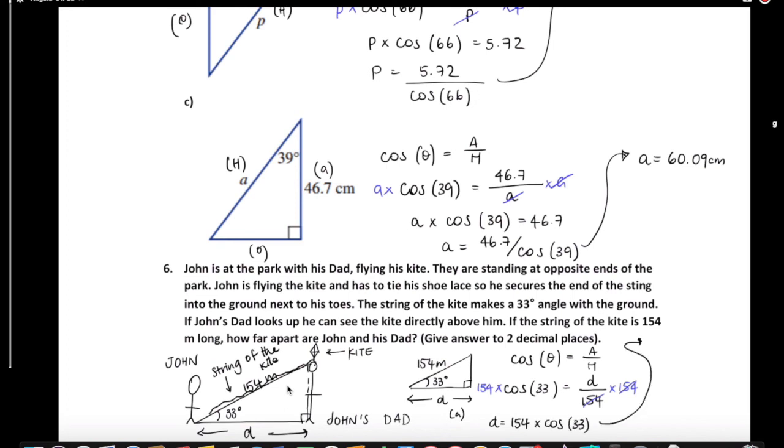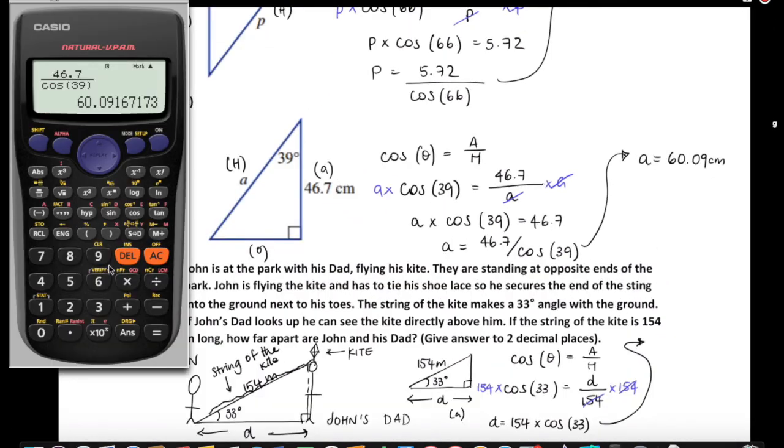Now putting that into my calculator, 154 times cos of 33 degrees, and that's equal to 129.116, we'll say 129.16 meters. So that means the distance between John and his dad is 129.16.